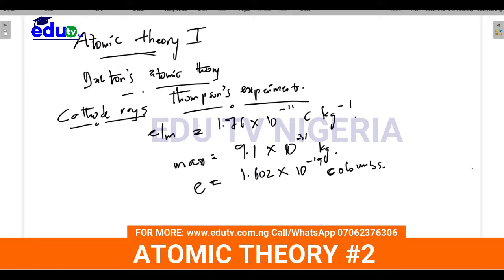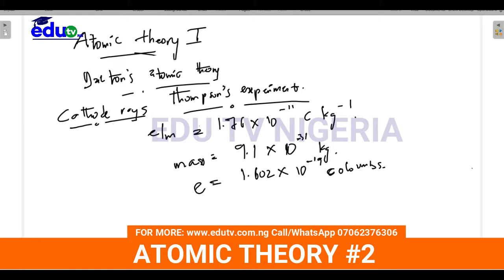He also found out that the mass of the electron was 1/1836 times that of the hydrogen atom. So you can deduce how tiny and how light the electron is. The mass is 1/1836 times that of the hydrogen atom.